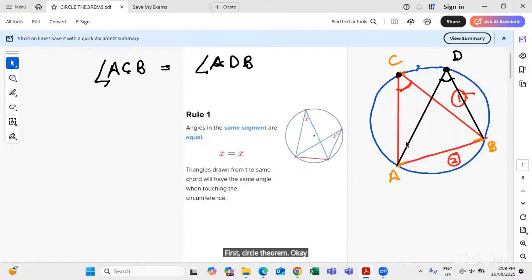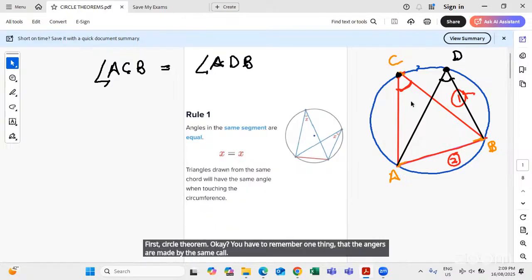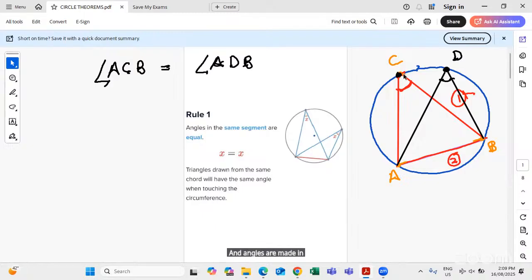You have to remember one thing: the angles are made by the same chord and the angles are made in the same segment. If I take another point, let's say here, and I join these points with the chord this way, and I give this point the name E. So angle E is made by the chord AB, yes, but angle E is not in the same segment as segment 1.